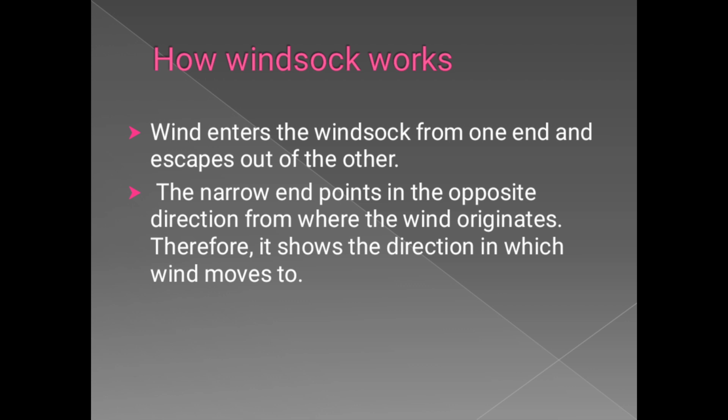So wind enters from the wide side and escapes from the narrow side. When it escapes, if the wind is strong, it will show the speed of wind, and it will also show the direction of wind. So a windsock serves 2 purposes.